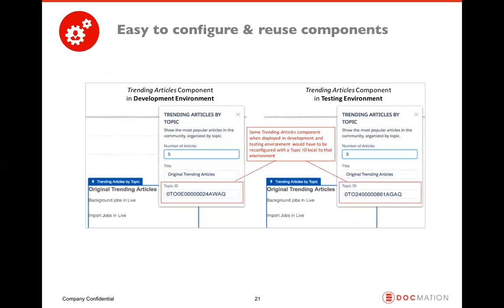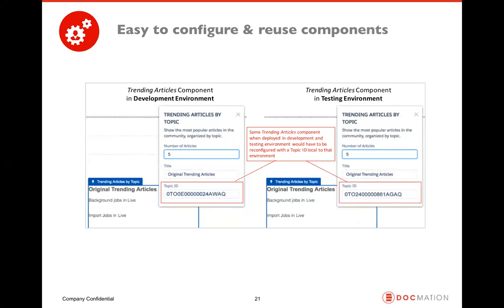If I'm propagating this from my sandbox instance all the way to production, every time I migrate this piece to a different sandbox, I have to keep updating and configuring this component with the appropriate topic ID. Once it gets rolled out to production, I'll have to go in, get the topic ID, update it, and then publish it. So there are a lot of manual steps involved, and there's no easy way of configuring once in your sandbox and having those configurations propagated as you migrate.